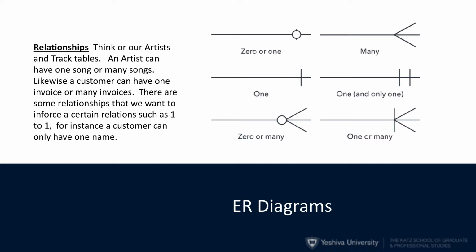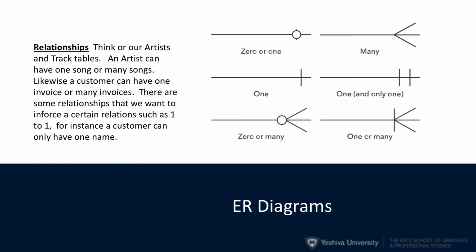The ER diagram depicts the fact that the relationship between artists and tracks is a one-to-many relationship, meaning one artist is capable of having many tracks. This type of depiction of the diagram helps us in designing the tables and the relationships between those tables.